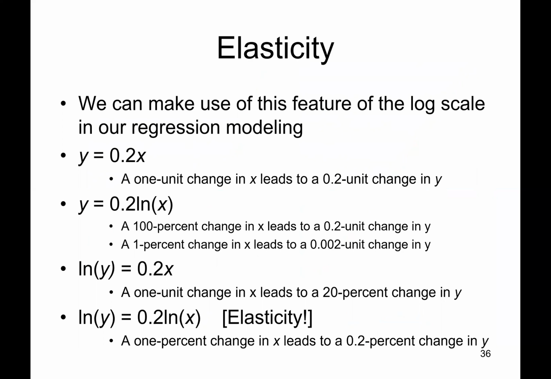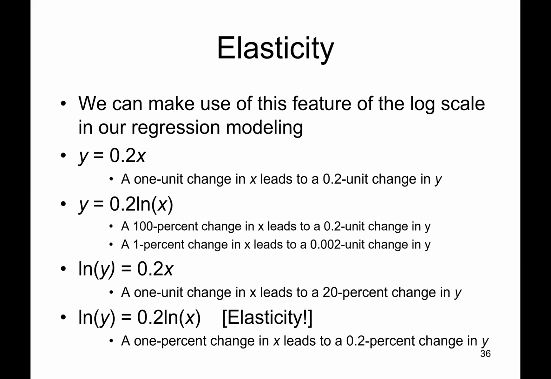So for example, we can model, as we did before, y equals 0.2x. And what we know from that is that a 1 unit change in x leads to a 0.2 unit change in y. However, we could also look at y equals 0.2 natural log of x.